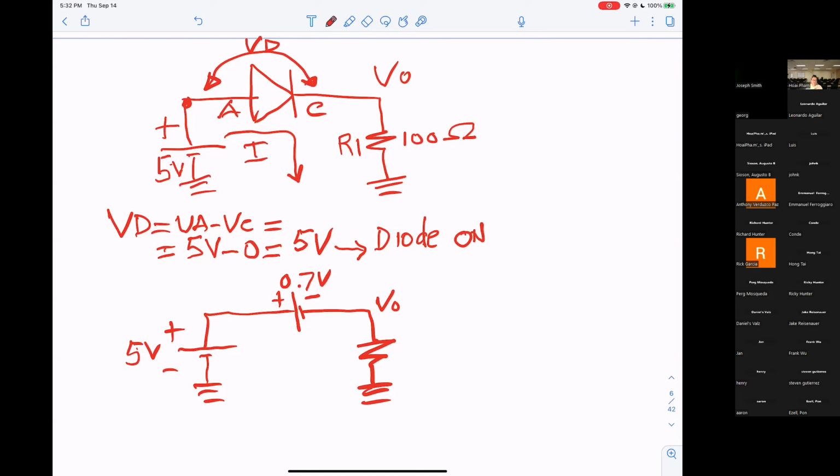And the value is 0.7 volt for the silicon diode. 0.3 for germanium, but we don't care about that now. We deal with silicon, 0.7 volt. So from this circuitry, you go to the next circuit.